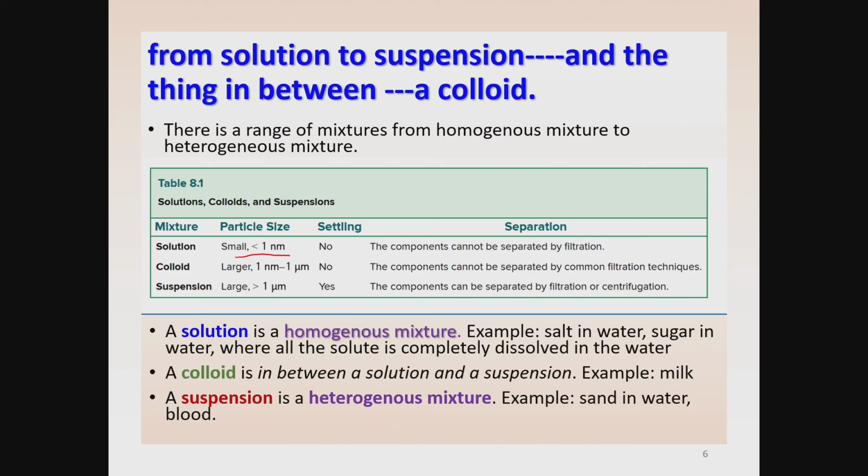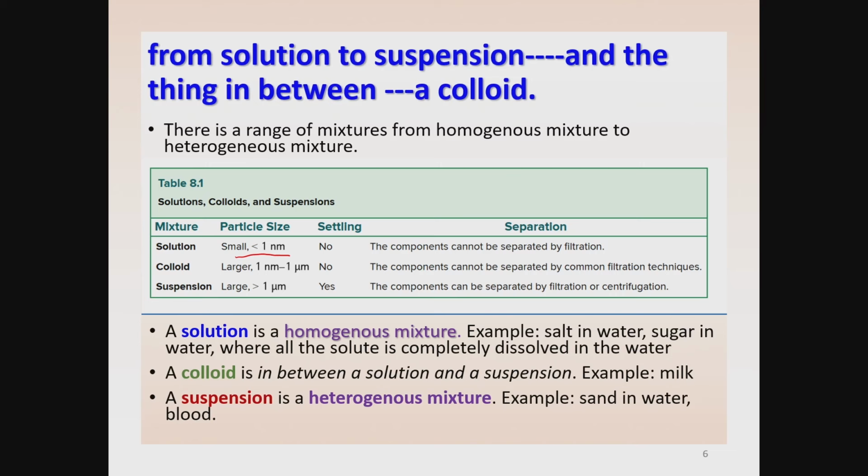And so if that is the case, then here the sugar molecules are thoroughly dissolved in the water, and there's really no way that you can easily separate the sugar from the water by some kind of physical process. So for example, you cannot separate the sugar from the water by filtration, nor could you separate the sugar from the water by regular centrifugation.